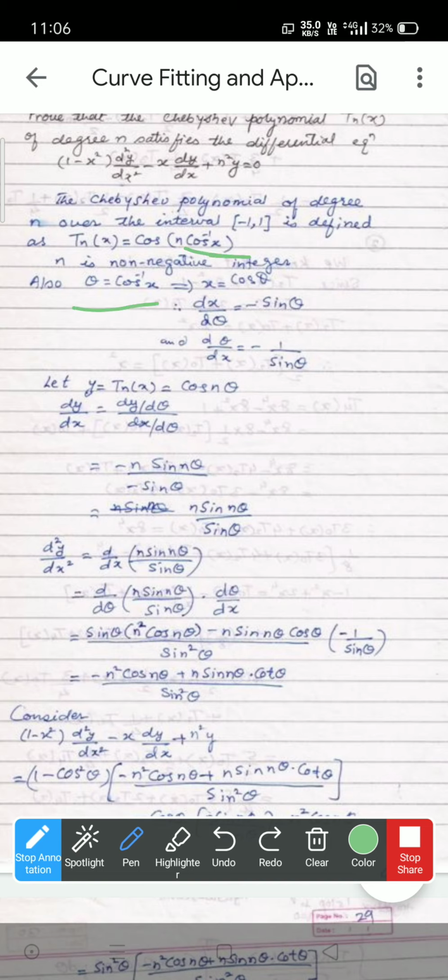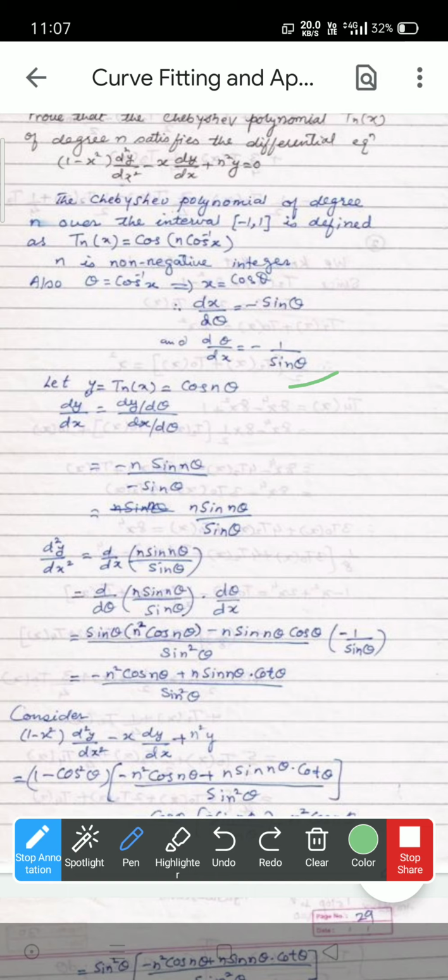Theta is equal to cos inverse of x, so x is equal to cos theta, and the derivative of x with respect to theta, dx by d theta, is equal to minus sine theta, and d theta by dx, the inverse of this, is equal to minus 1 by sine theta.